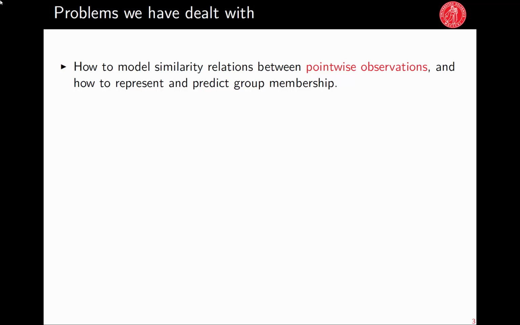But what we were trying to represent here can be seen as individual data points, single objects. Although we did also try to model groups of these points, doing classification and so on, we still only dealt with the problem of assigning class memberships to individual objects or observations.